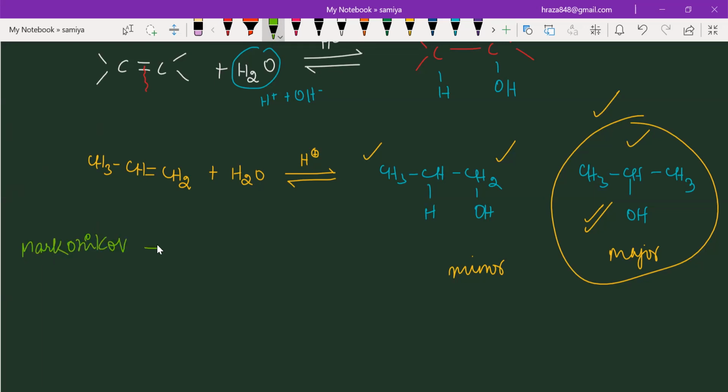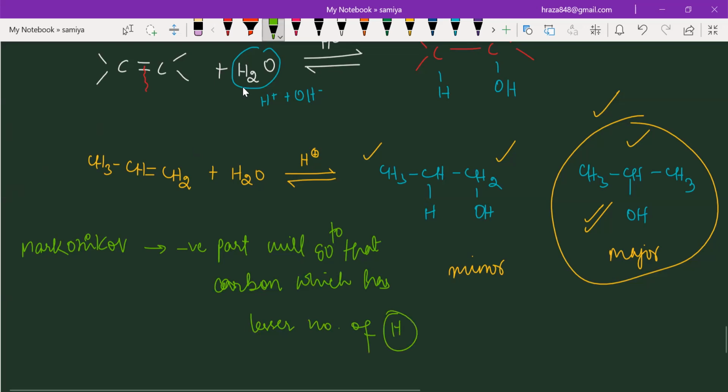What does it say? The negative part will go to that carbon which has lesser number of hydrogen.